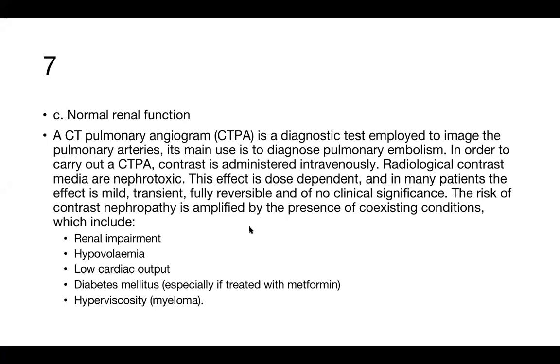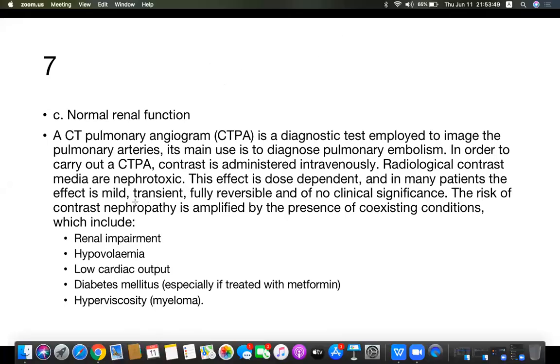So there is one list which is given. Okay, the contrast nephropathy. Let me highlight this for you. The contrast nephropathy is amplified by the presence of coexisting conditions in the patient, which include renal impairment, which is already present or not. Renal function test will tell us that. If urea and creatinine levels are normal, probably there is no renal impairment.